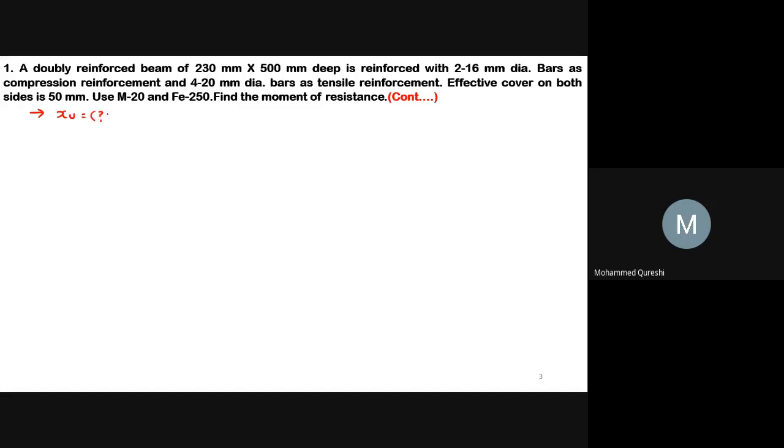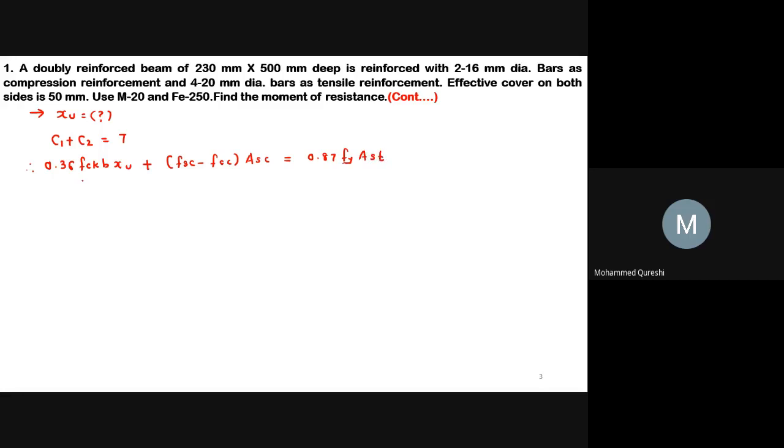To find the depth of neutral axis xu, we have the equation C1 plus C2 equals to T. Therefore, equation of C1 is 0.36 fck b into xu, plus equation of C2 is (fsc minus fcc) into Asc, and equation for tension is 0.87 fy Ast.